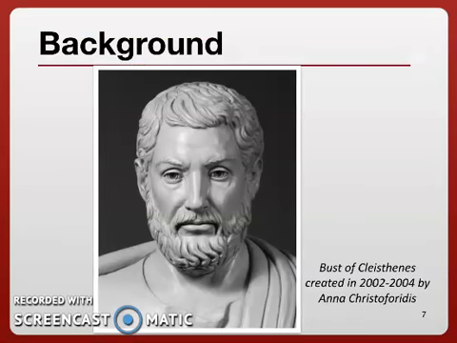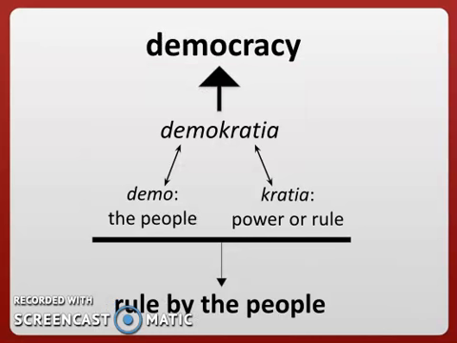So to provide a little background about Athenian democracy, which is a foundation for our own democratic government, the Stanford History Education Group gives us a little background. They define democracy, show the etymology of that comes from the Greek for demo, or the people, and kratia, power or rule.